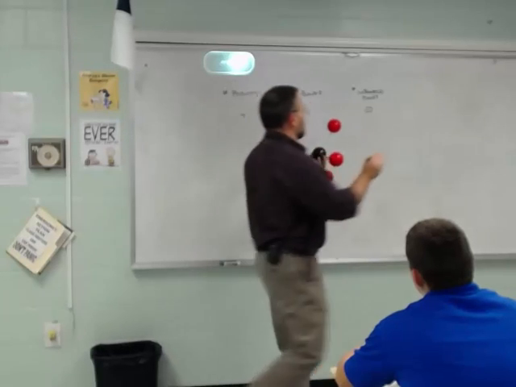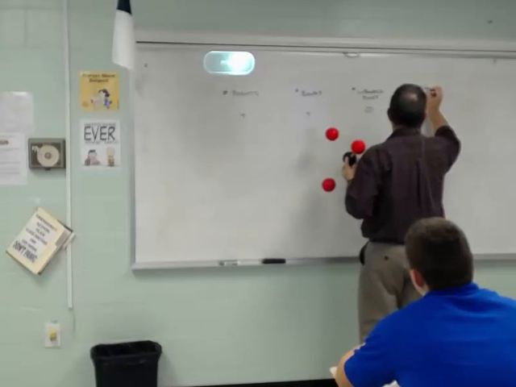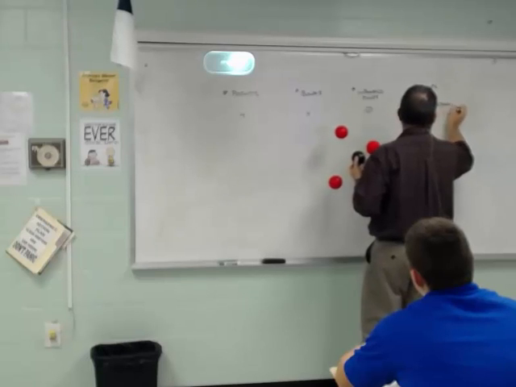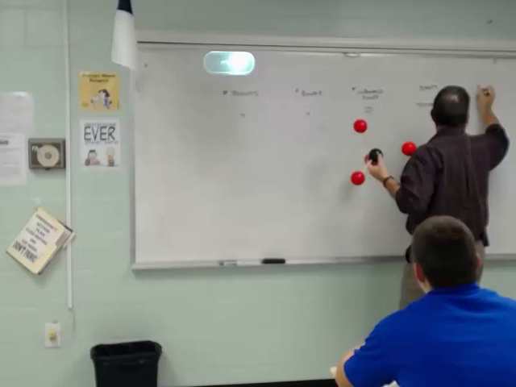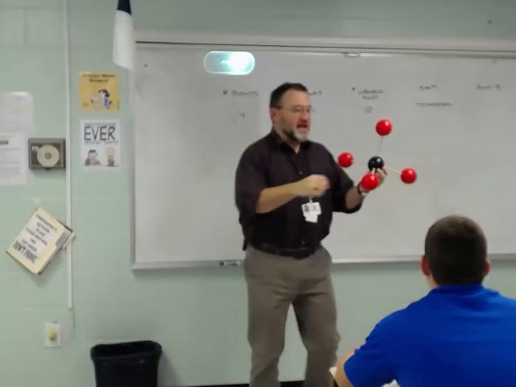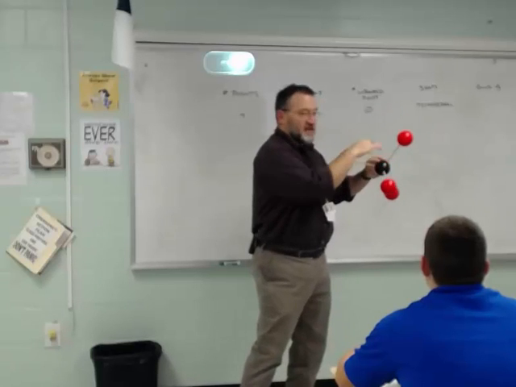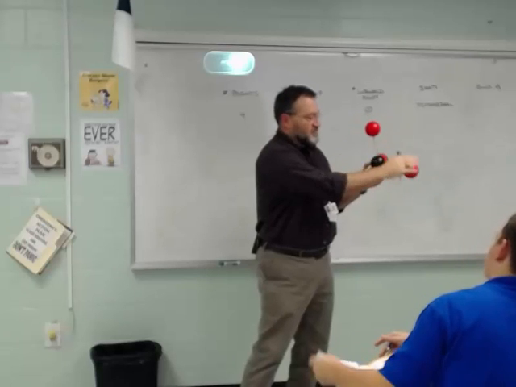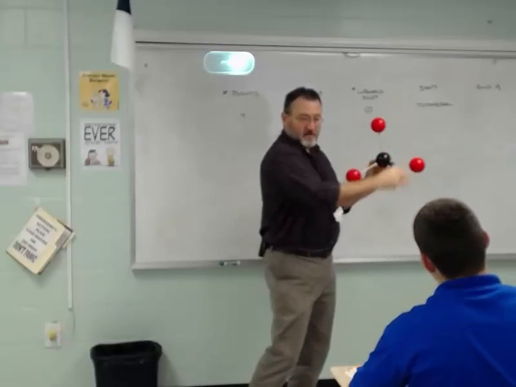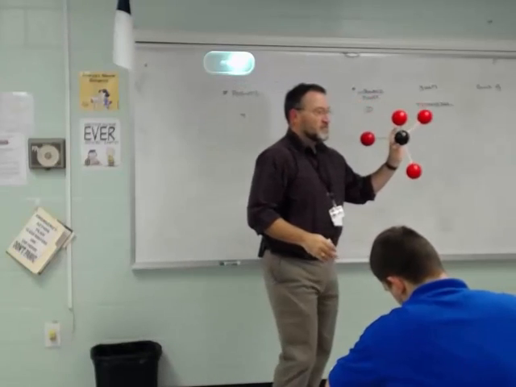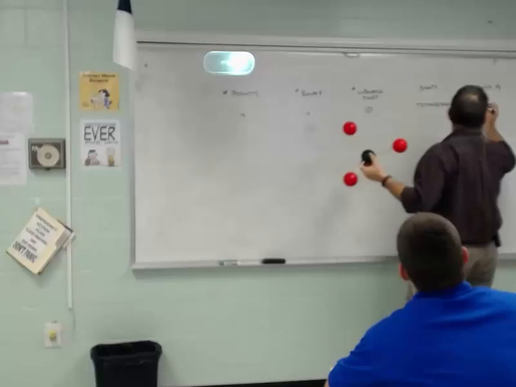The shape: tetrahedral, and the bond angle. The angle between any one of these wooden dowels, the bond angle between the external atoms in the molecule, between any one of those is going to be what angle? 109 degrees, right?